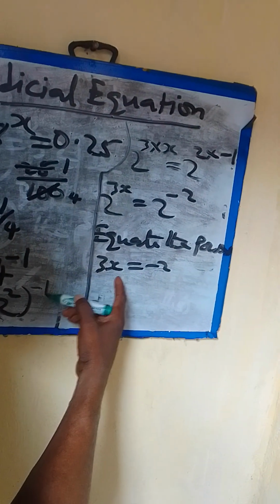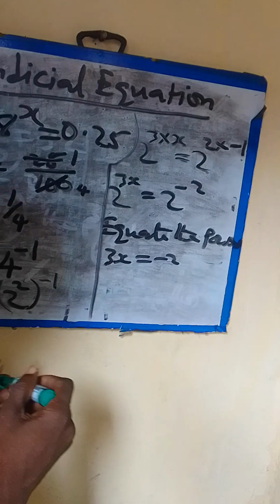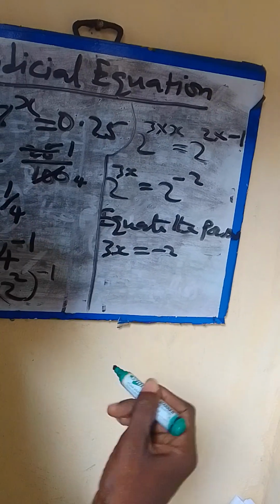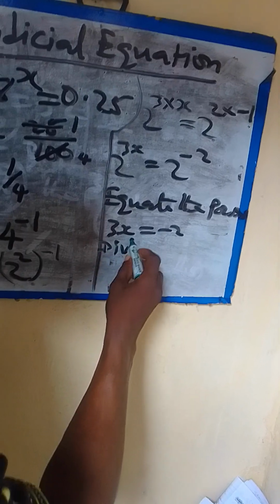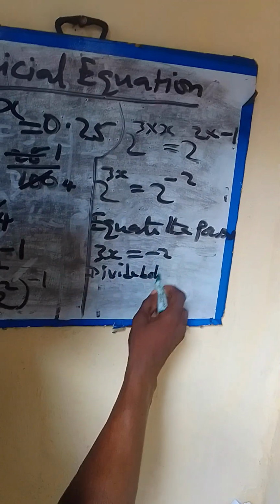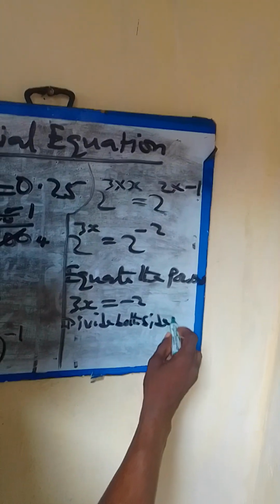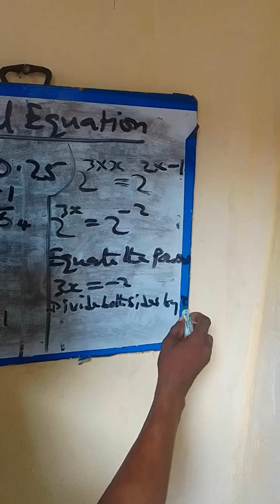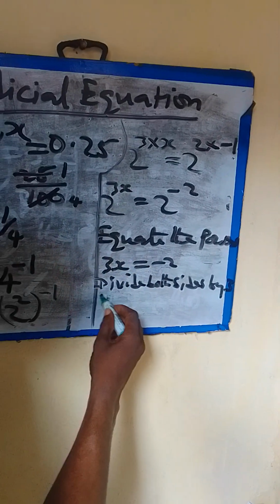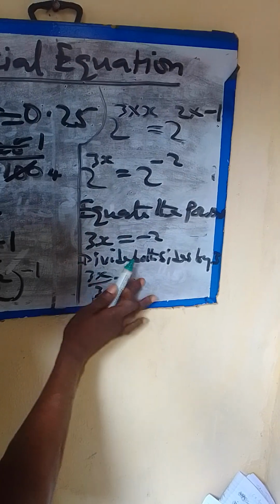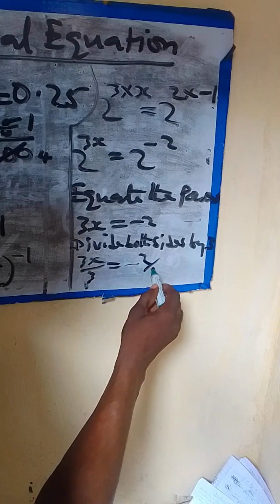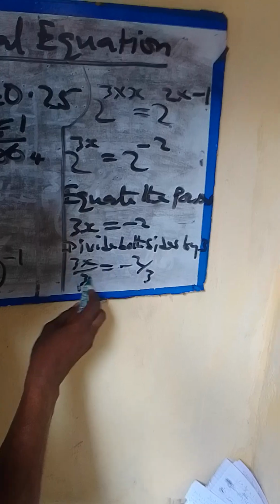So in this case now, you are looking for x. And the coefficient of x here is 3. So what you need to do is divide both sides by 3. So when you divide both sides by 3, you have 3x divided by 3 is equal to minus 2 divided by 3. So this 3 will cancel the 3.